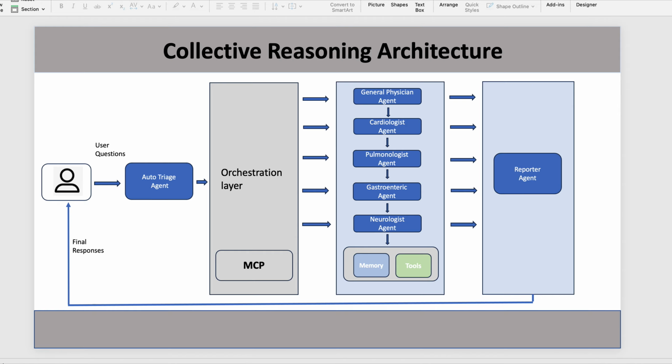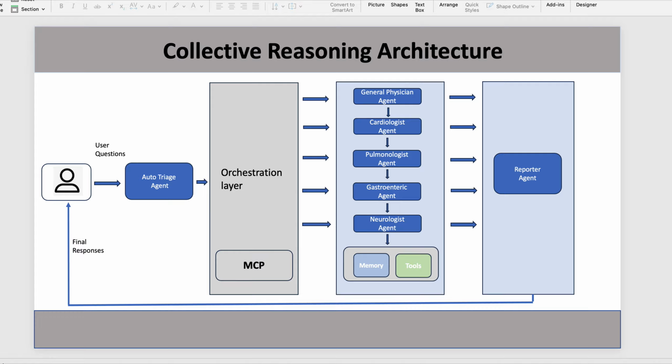Now this is an important slide. We talk about the architecture of collective intelligence for the healthcare use case. In this architecture, the user asks a medical question, which goes into the auto triage agent. Think of it as a receptionist that takes the question and passes it on.